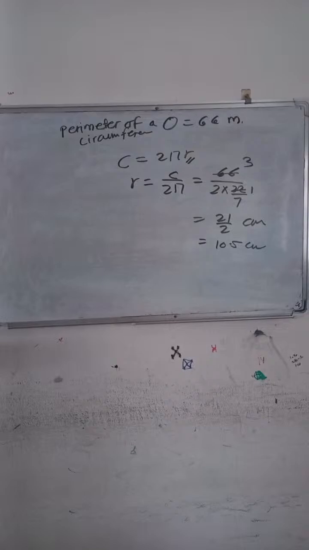Write down the next question. Find the perimeter of a semicircle with diameter 42 centimeter.